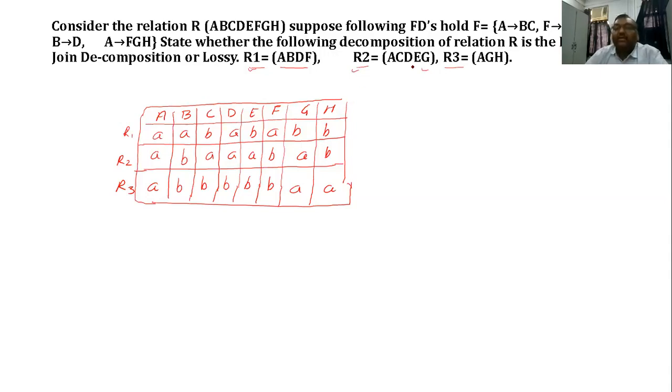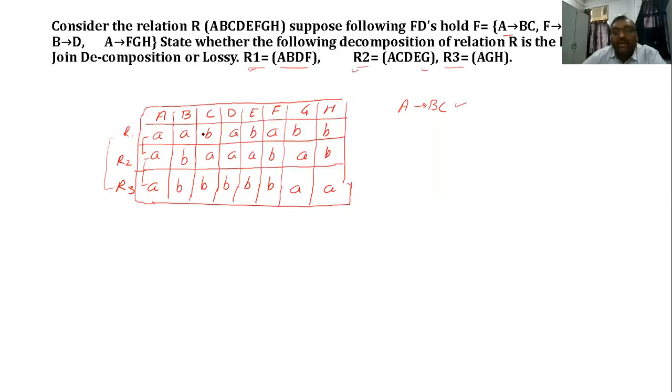Now, what is the method? First take the FD A determines BC. In the column of A, see where the pairs of a are. You can take any one of them, not necessarily the first.